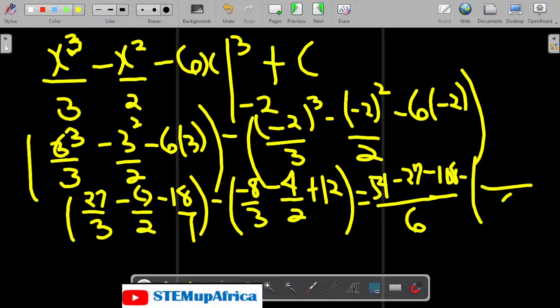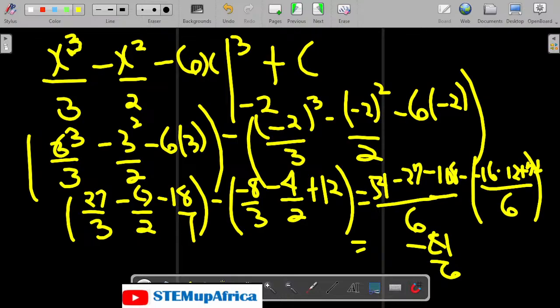Do the same thing here. The LCM is also 6. I'm having minus 16 minus 12 plus 72. So I'm having 54 minus 27 minus 108, which is minus 81 over 6.